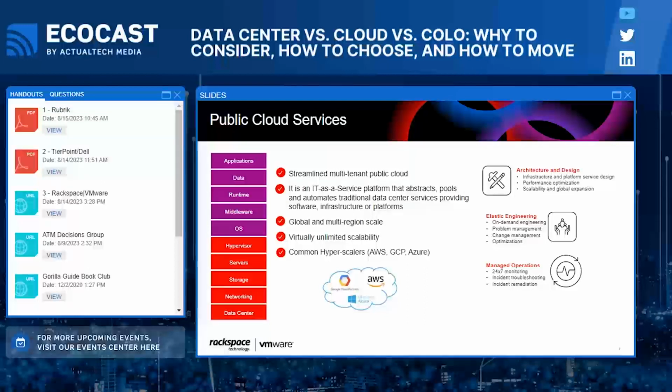So public cloud services, very, very similar to private clouds in terms of a programmable API where you can spin up infrastructure. Typically, the big hyperscalers that have public cloud infrastructure, obviously AWS, Azure, and Google. Some of the key characteristics of this: it's multi-tenant, it's global, multi-region, there's virtually unlimited scale.